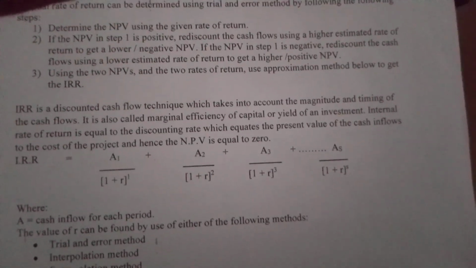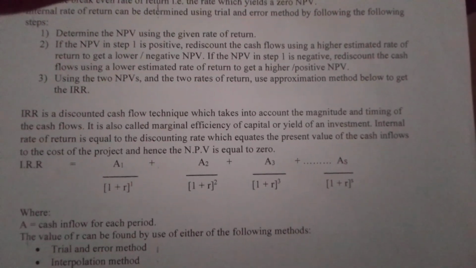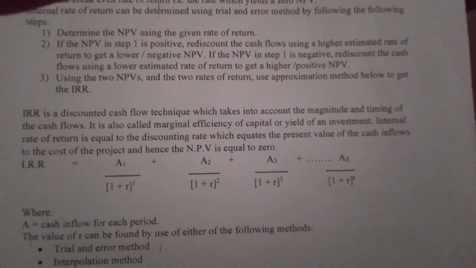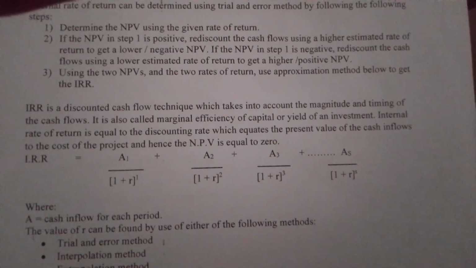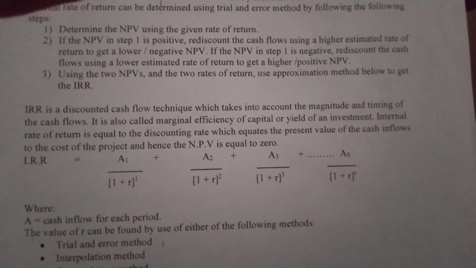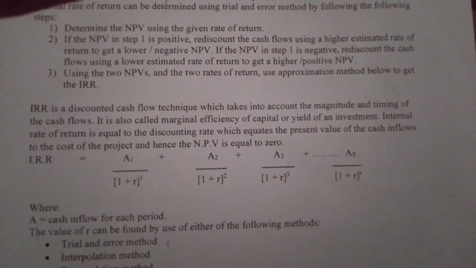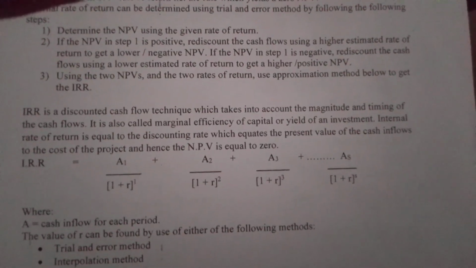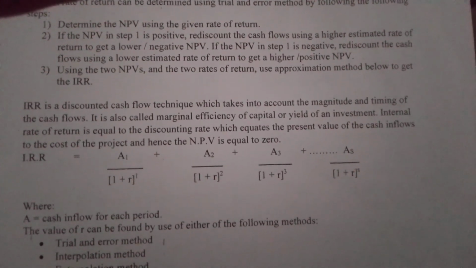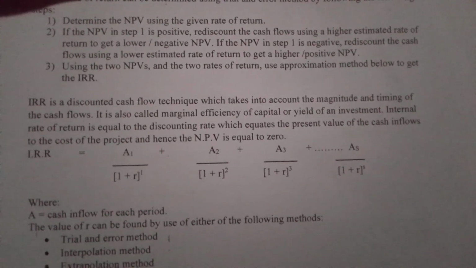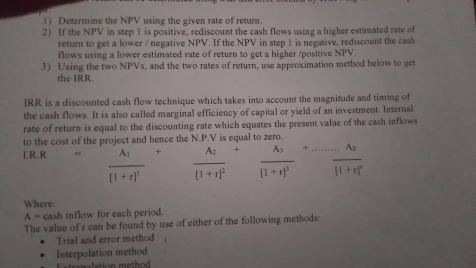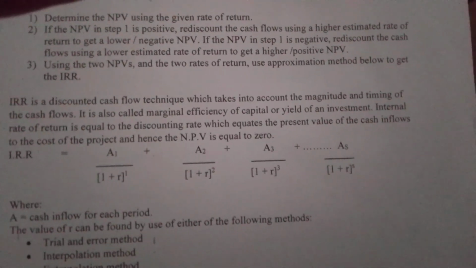It has to be more than 10%. Because you are using trial and error, you can use 15% or 20% or another rate which is above 10%.